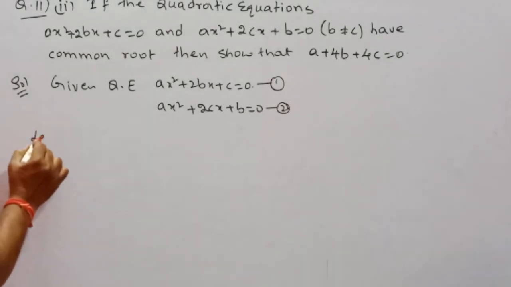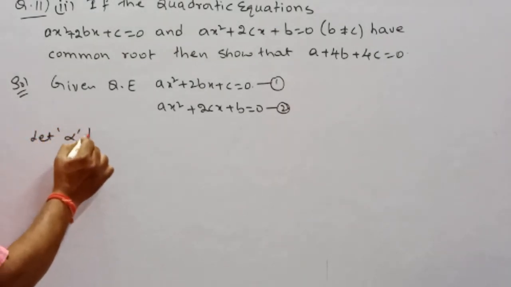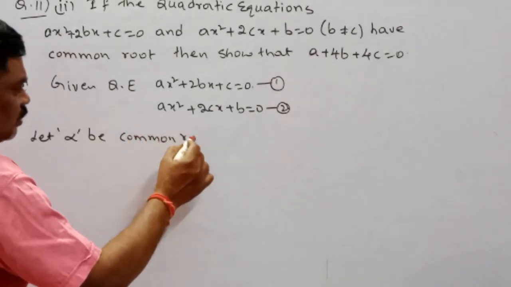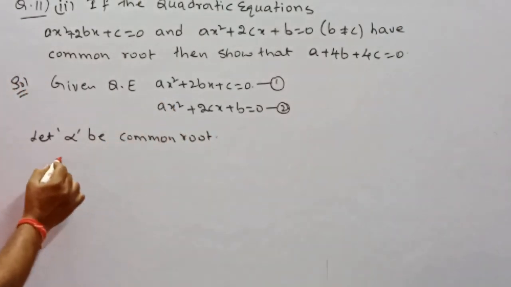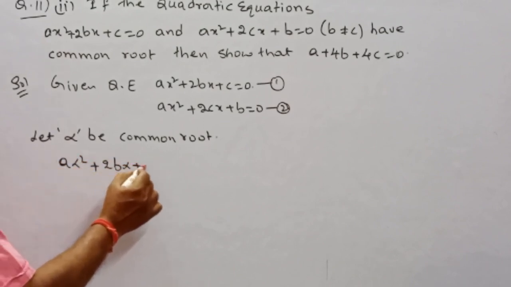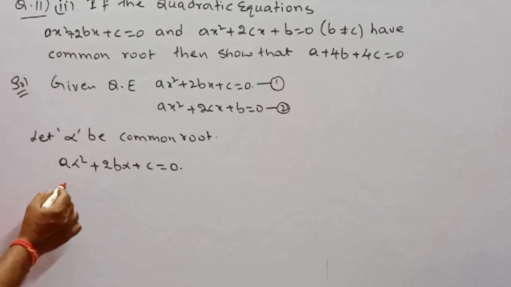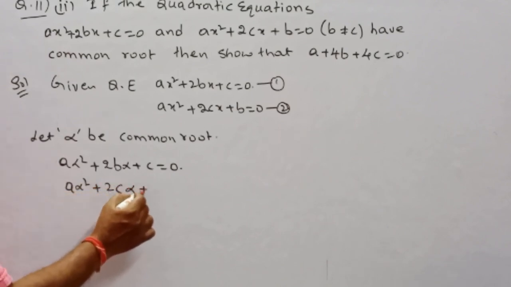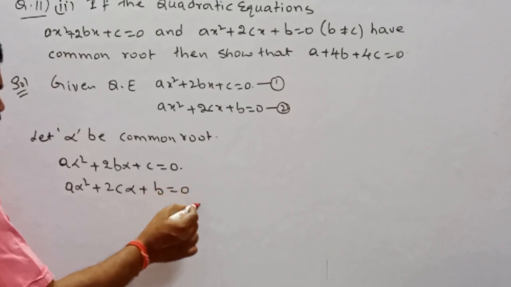Let alpha be the common root. Then a alpha square plus 2b alpha plus c equal to 0, and a alpha square plus 2c alpha plus b equal to 0.